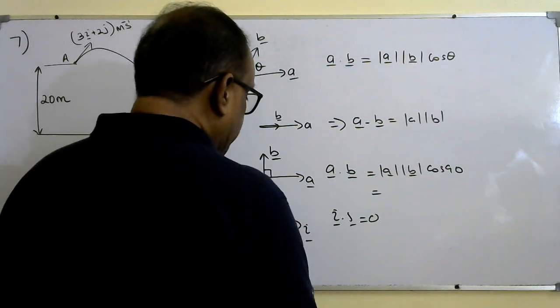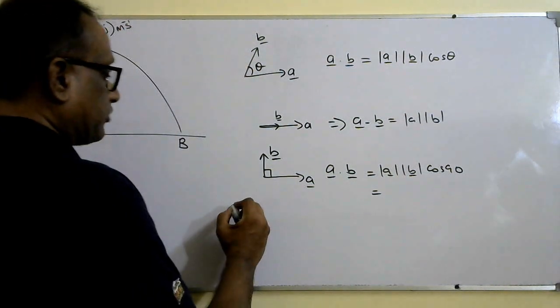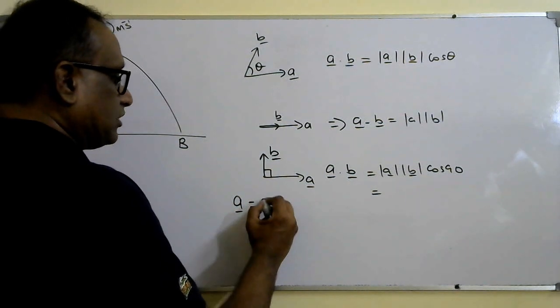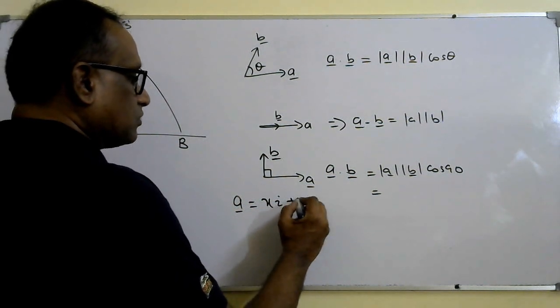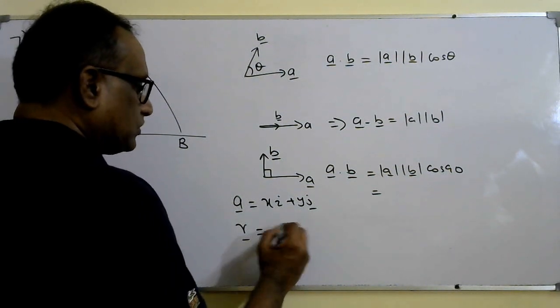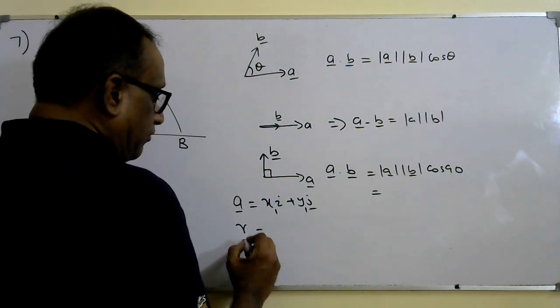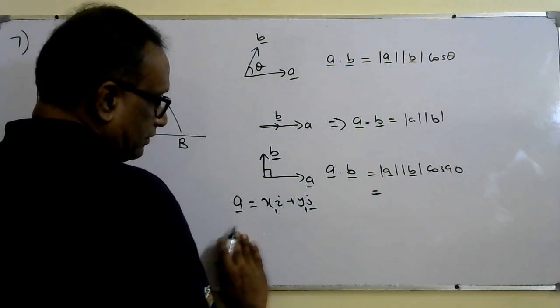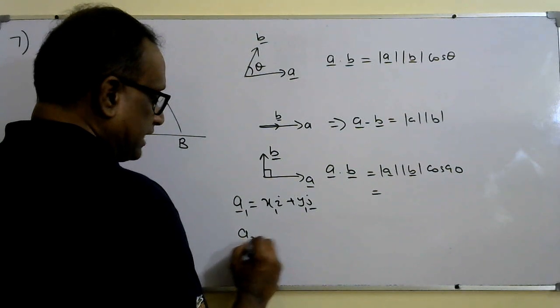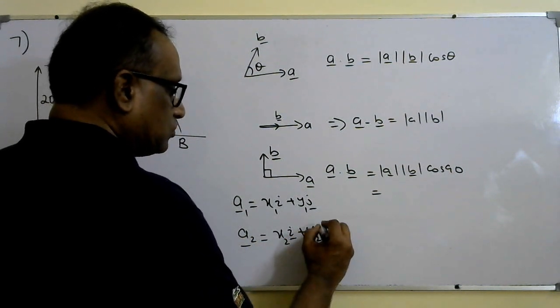For example, how do we find the dot product of vectors in terms of unit vectors? Say vector a1 is equal to x1 i plus y1 j, and vector a2 is equal to x2 i plus y2 j.